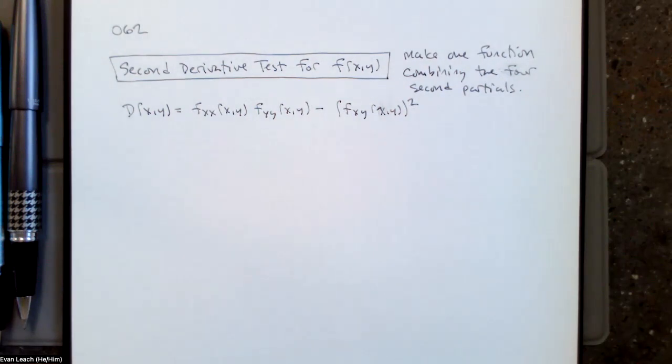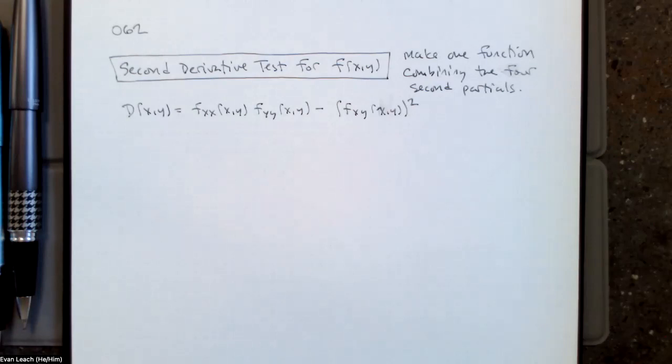We're going to be able to plug our critical points into this function, which is a combination of our second partial derivatives. Then we're going to look at the sign of this function and use that to classify the critical point. Then we're going to think about how this is constructed, because it looks a little bit weird.